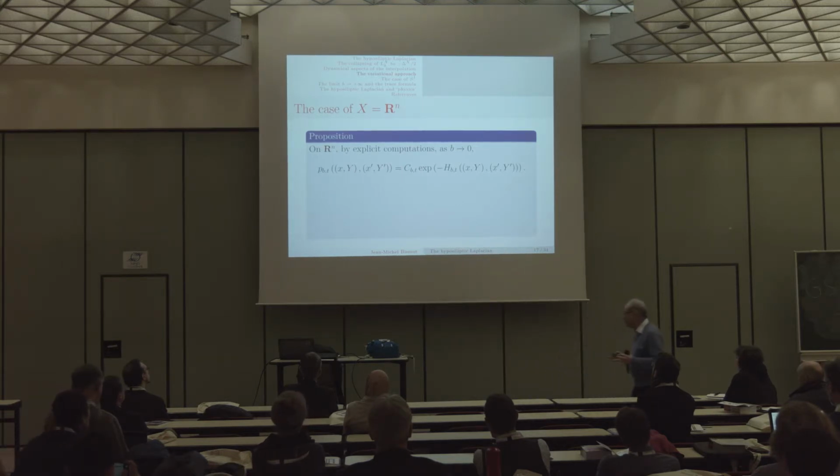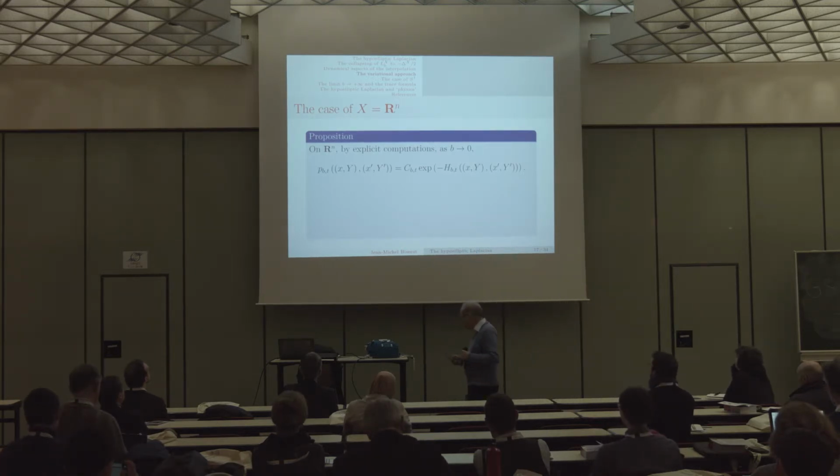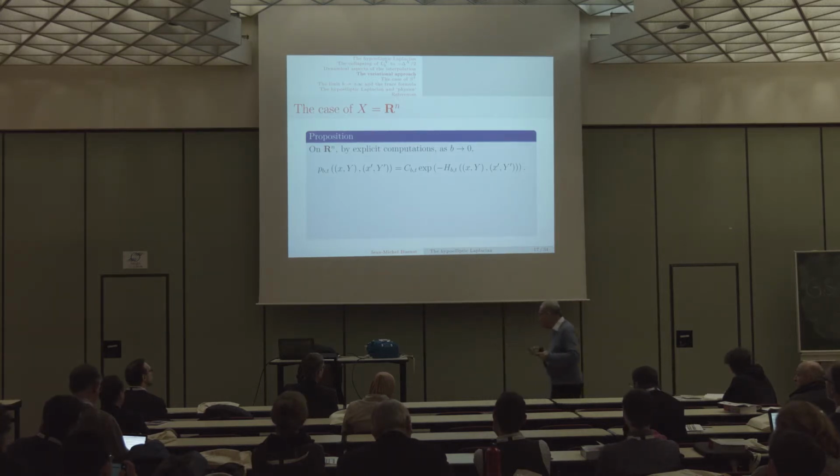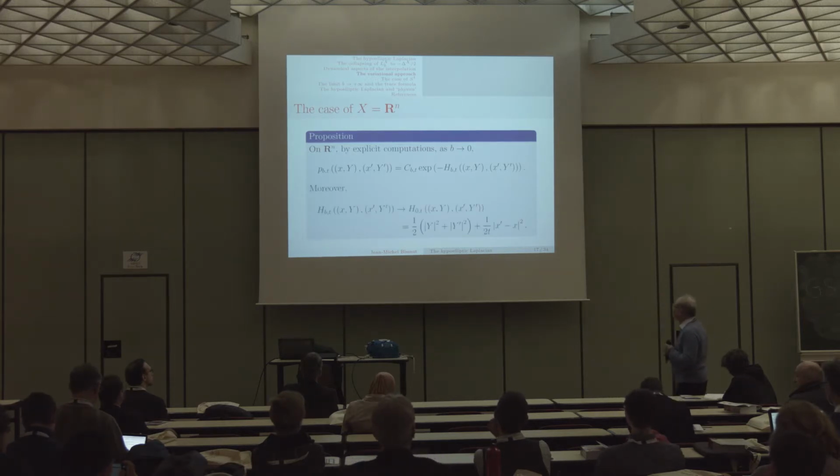So exactly like in the scalar case, for the classical heat kernel, which is given by the exponential of minus x prime minus x squared divided by 2t. Here you replace this distance square by the minimum of the action. This is because the processes we deal with are Gaussian, and so all the approximations we get by these functional integrals are exact.